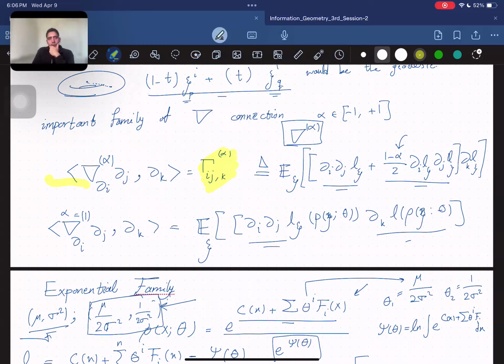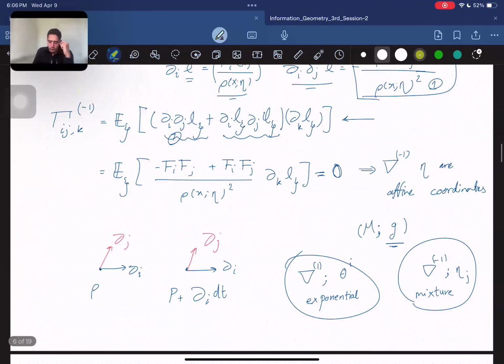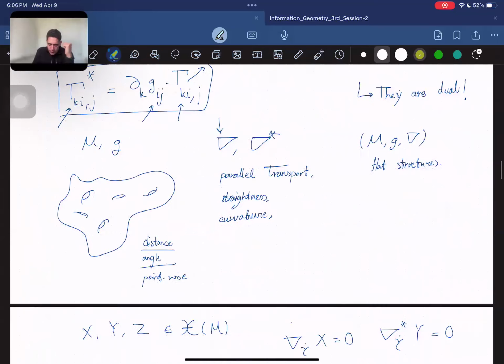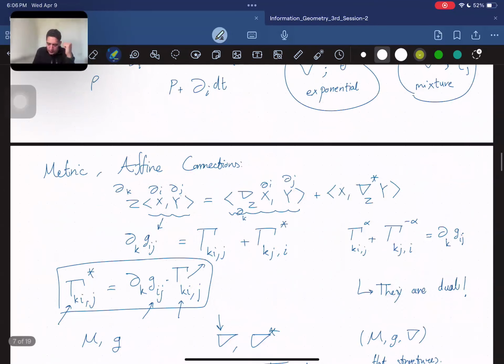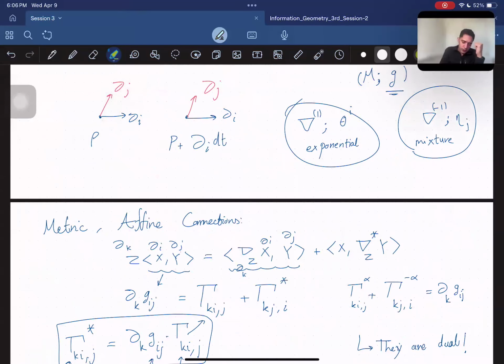If we sum the alpha connection with the minus alpha connection, if you go ahead and do it, I think I did it here. Okay.